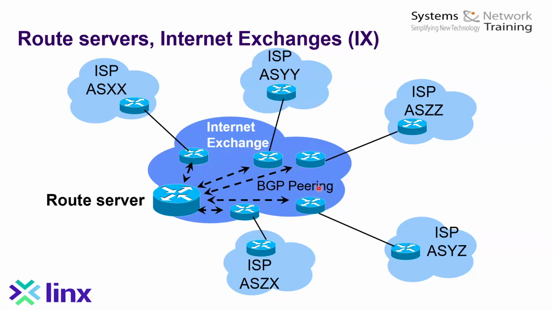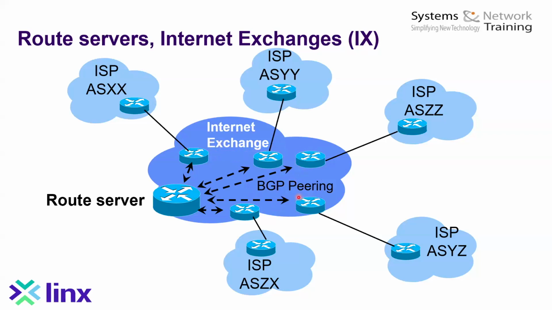And 10 is a small number, and a service provider will be able to maintain and manage that. But if there were 50 providers that want to peer with each other, that number now escalates, and there will actually be 1,225 peering sessions between the 50 routers.